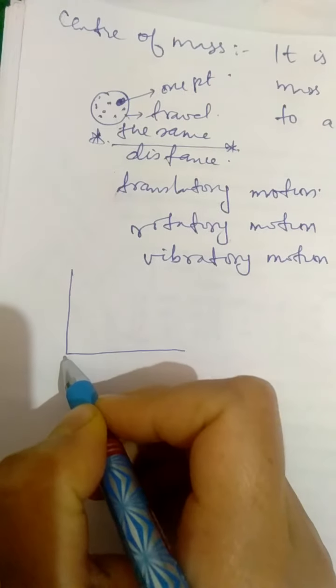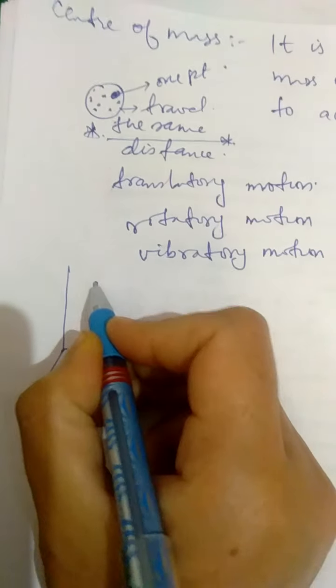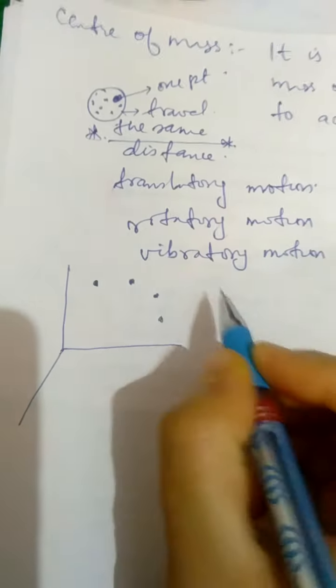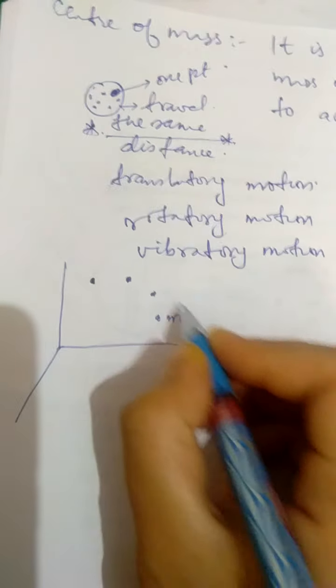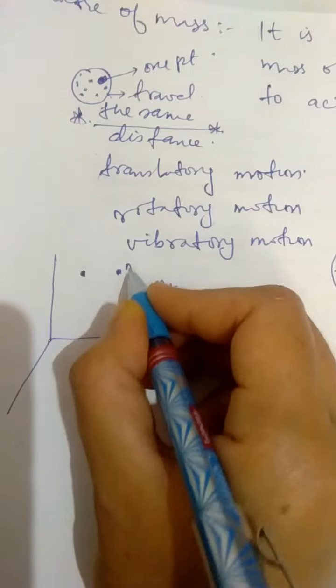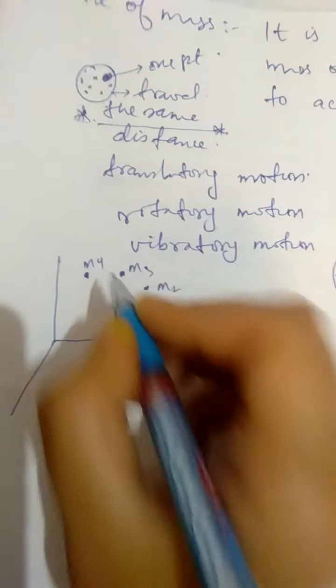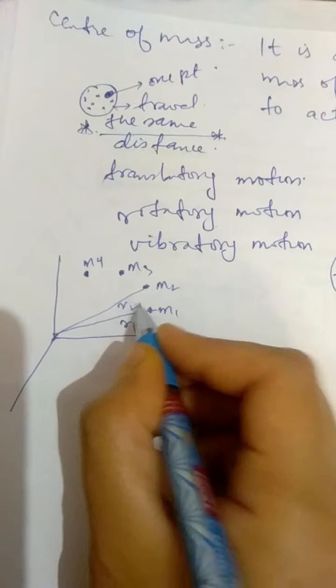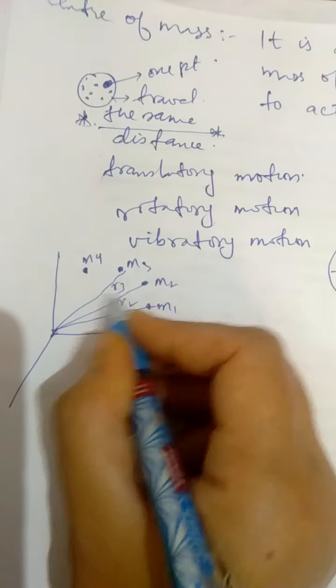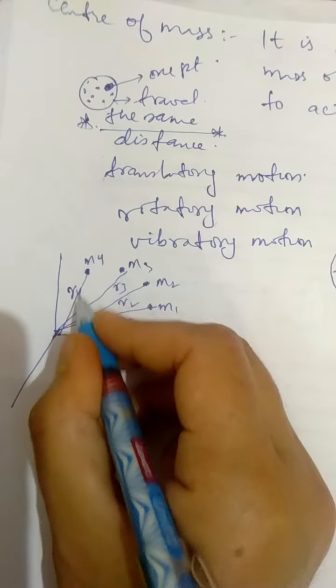Now, suppose this is a coordinate system with respect to which we define the position of various constituent particles of a body. Suppose these are particles of mass m1, m2, m3, m4 and so on, and their position vectors are r1, r2, r3, r4 and so on.